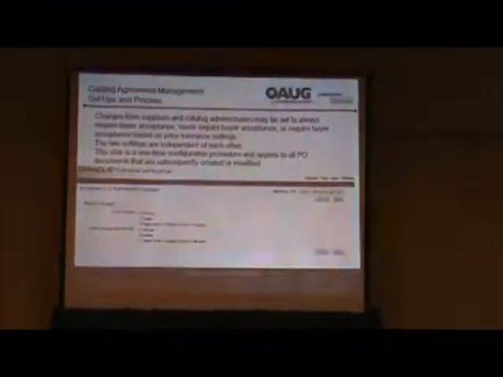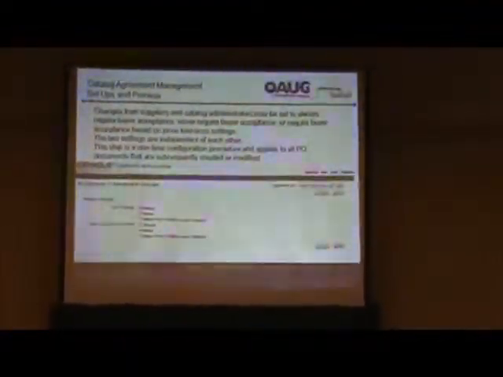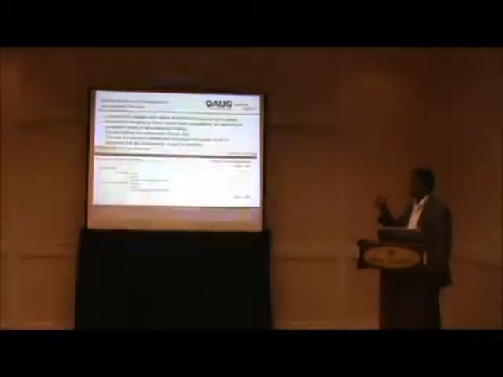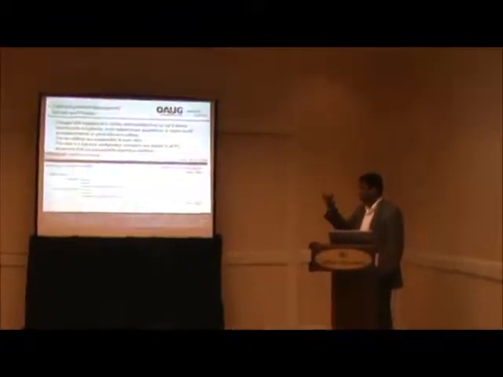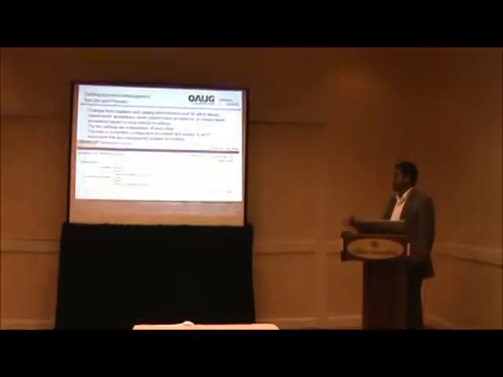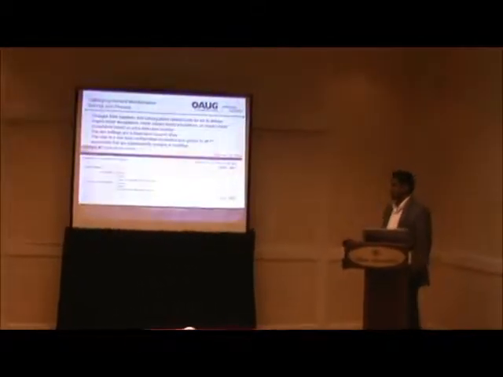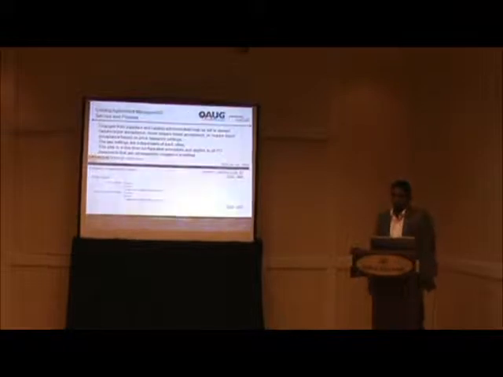We can set values such as always, never, or when price change exceeds tolerance. If we select any of these values, the system will behave in that fashion. Always means whenever there is a change from a supplier or catalog administrator on the catalog, it will go to the buyer for acceptance.